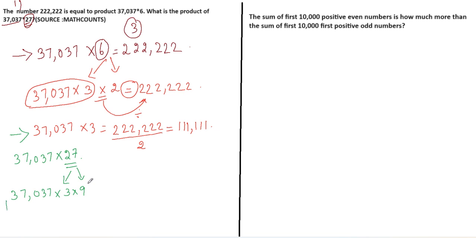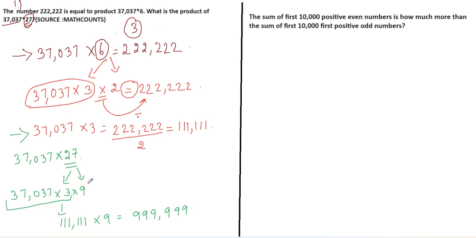We have already found the value of 37037 into 3, which is nothing but 1,11,111, correct? Into 9. So when you multiply this, you get 6 nines. You can see I have solved this problem in less than a minute. But when you try to multiply 37037 into 27, it will take more time, correct? So for that only they have given this clue in the question.